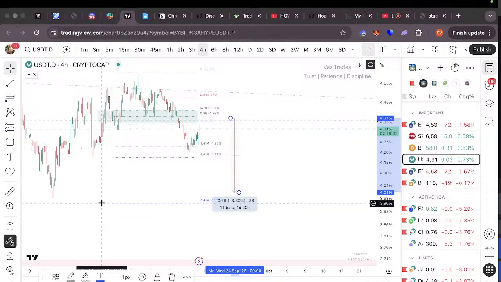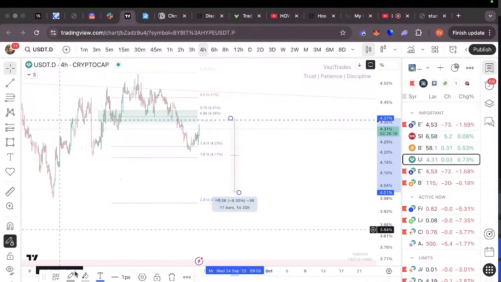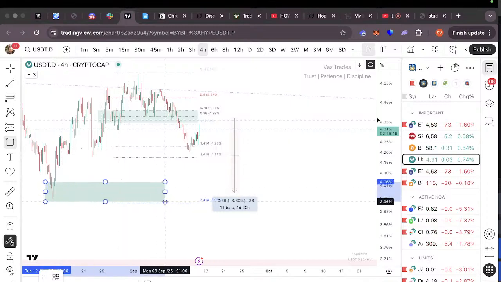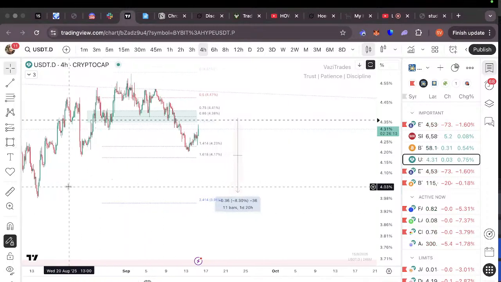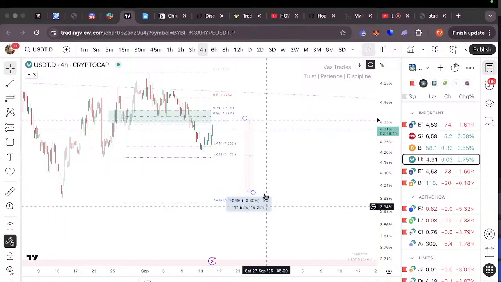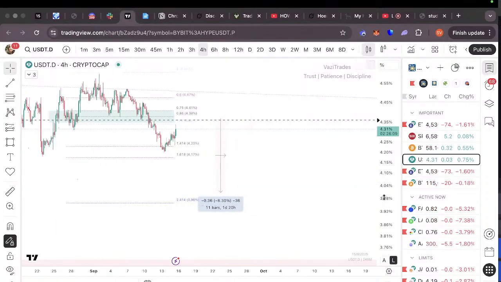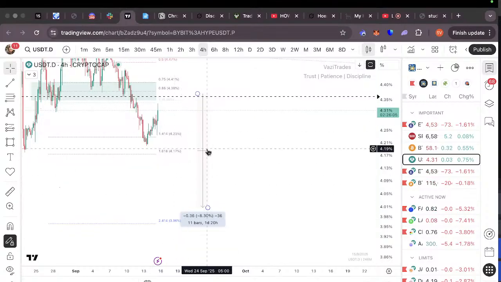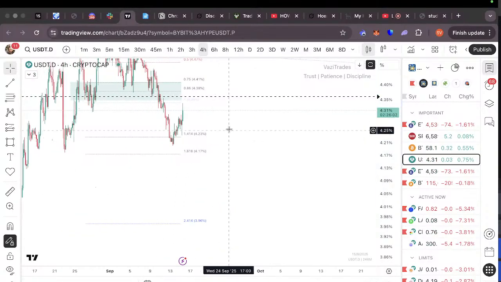It's not exactly at this low, it's a bit lower, but it just tells us that this area is very important to look. But will USD dominance give this target? I'm not sure right now, so I'm deleting this one as well.